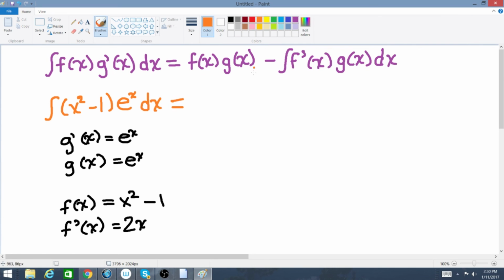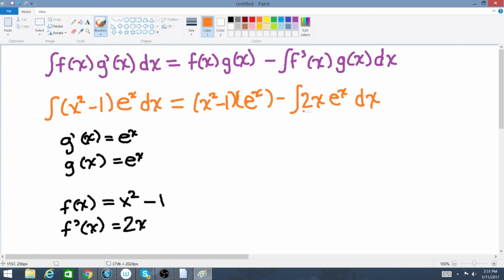Now I'm going to change the color to orange and let's solve this. So now we just have to follow the formula. The formula says f of x times g of x minus the integral of f prime of x times g of x dx. So let's fill it in. f of x times g of x is x squared minus 1 times e to the x, minus the integral of f prime of x, which is 2x, times g of x, which is e to the x, dx.